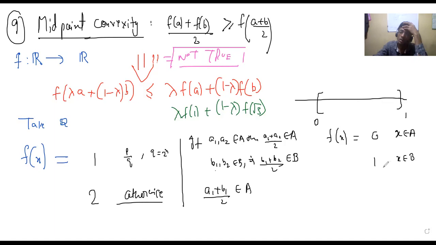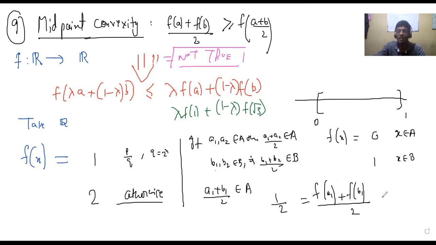Right? So if you're picking 2 points which are in A, then it works. If you pick 2 points in B, it works. But if you pick a point, one of them is in A and the other is in B, yeah. Let's see. Then this quantity is how much? It's half, right?